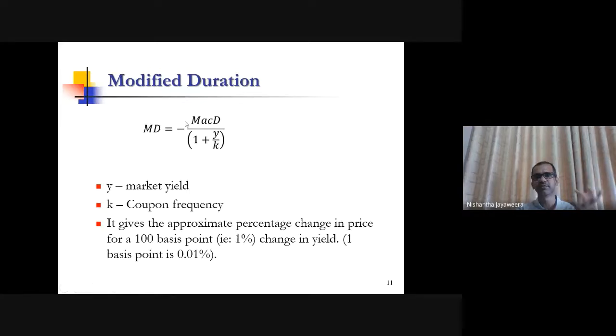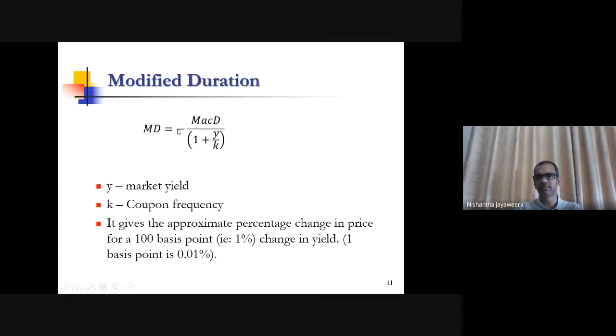Because we calculate the Macaulay duration in this way, this MacD is the Macaulay duration, and it is divided by 1 plus y over k. Again, y is the yield to maturity, and k is the coupon frequency. Here we put this minus sign, because when the interest rate changes, price changes in the opposite direction.